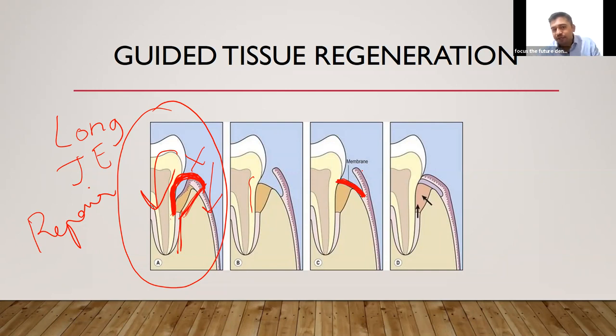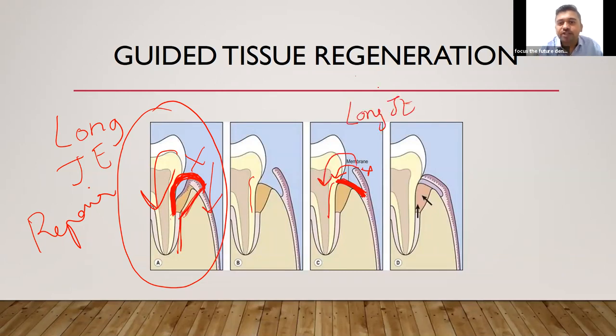Now, what does this membrane do? This membrane blocks out this epithelium from growing down onto this root surface. So now there is a barrier here that is preventing the formation of long junctional epithelium.